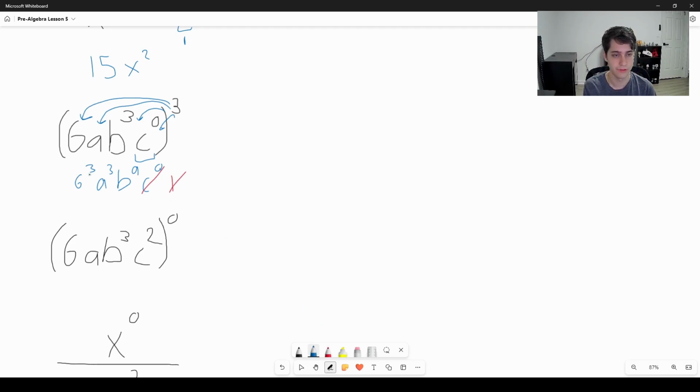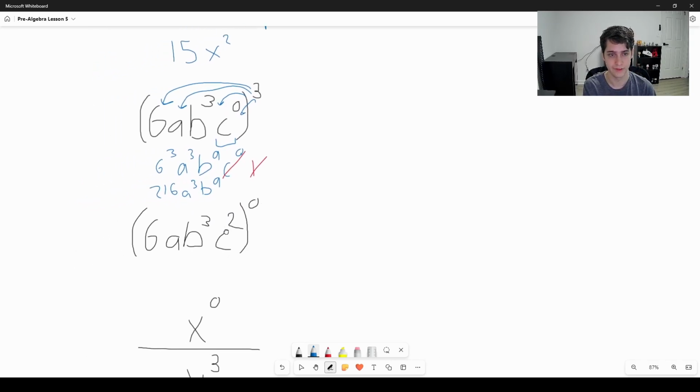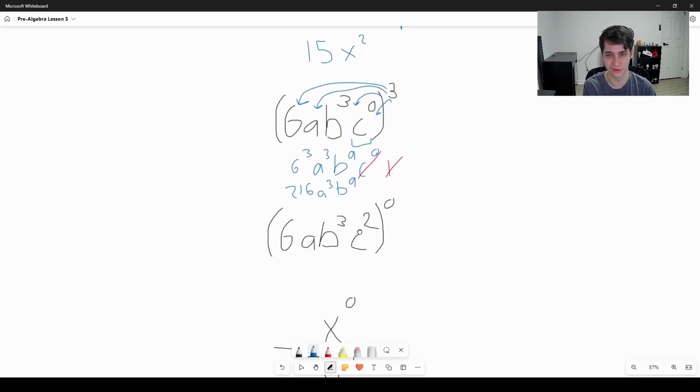So this would be our answer. 6 to the third power is 216, I believe. So yeah, 6 to the third power is 216. So we actually end up with 216 a to the third power, b to the 9th power. Let me actually center these since we're not really doing the rest of the page.